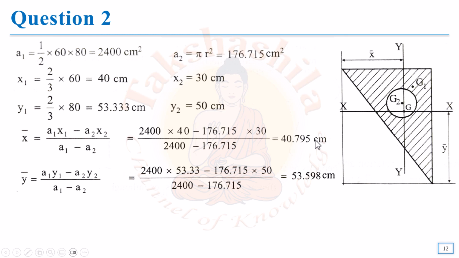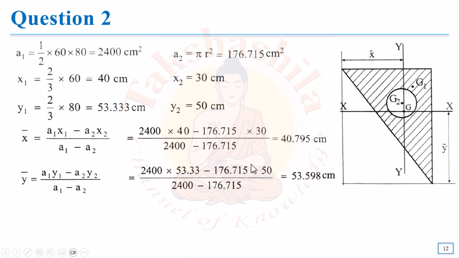Why? Because the value is 40.795, which is larger than 40. The distance from the y-axis to G1 itself was 40. So we need a larger distance for representing 40.795. So this y-axis will actually come somewhere here after point G1. Okay, so please keep that in mind.